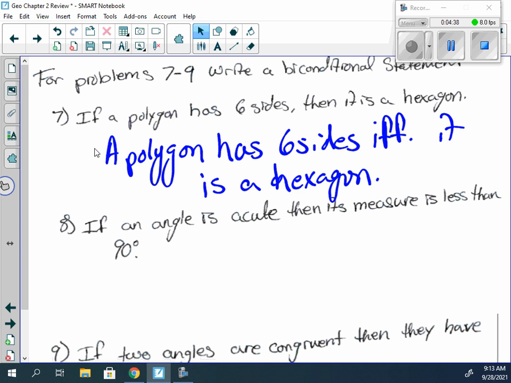It's not going to take that much longer to write it out. Or IFF is also the same thing. It's the abbreviation of if and only if. It seems like a weird way to abbreviate multiple words, but that's the math community. So any other questions on our biconditional? We like the biconditional statements.